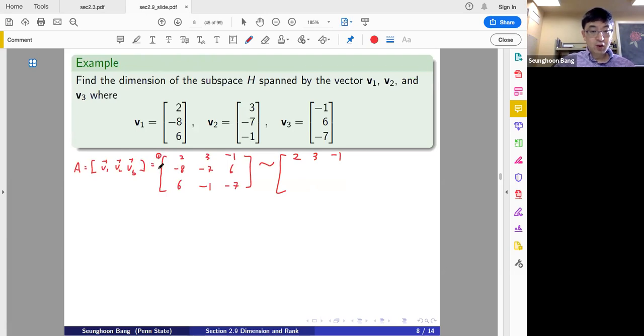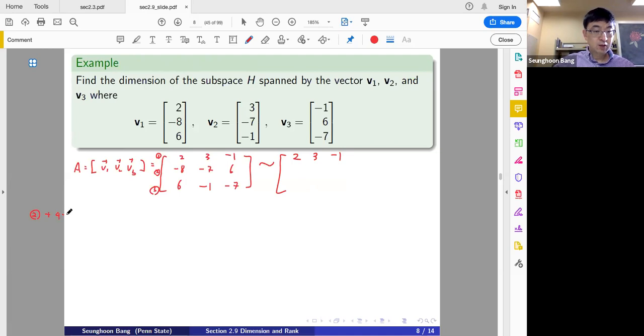This is the first row, this is the second row, this is the third row. How can we eliminate -8? For the second row, we use second row plus 4 times first row. The second row is -8, -2, 6.